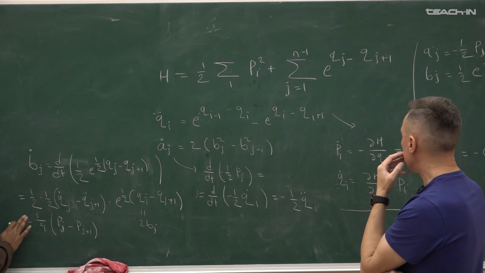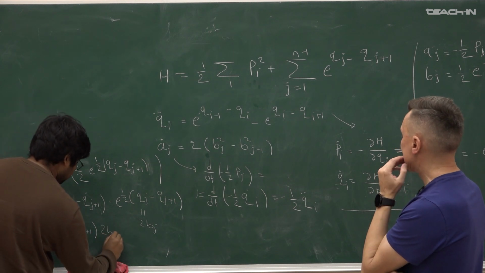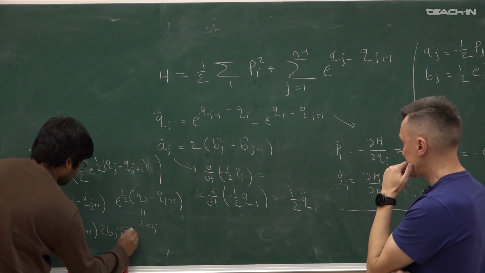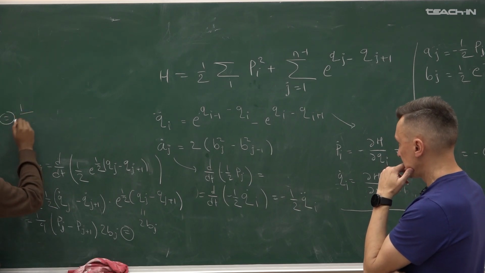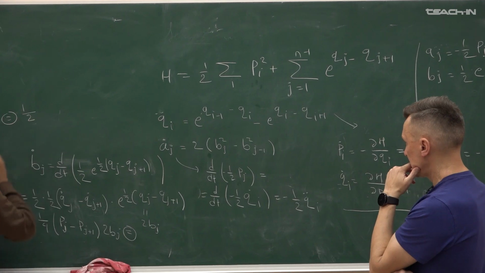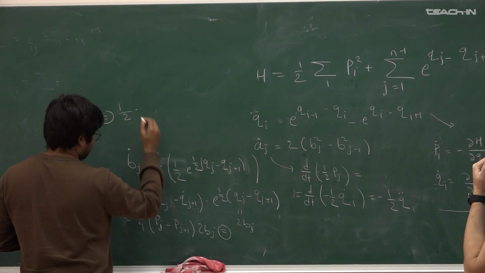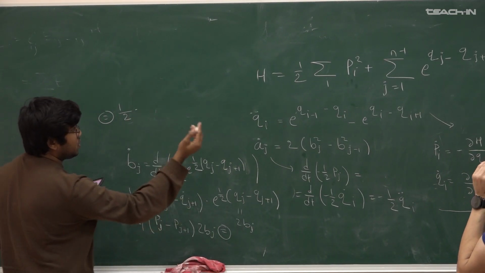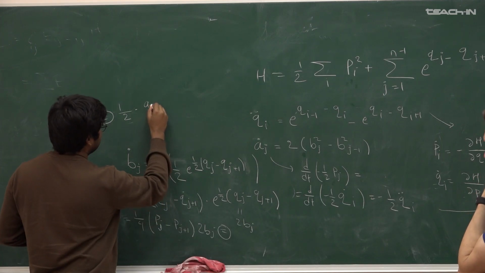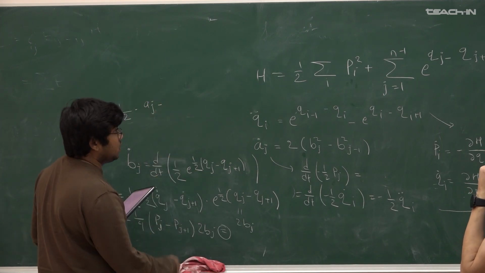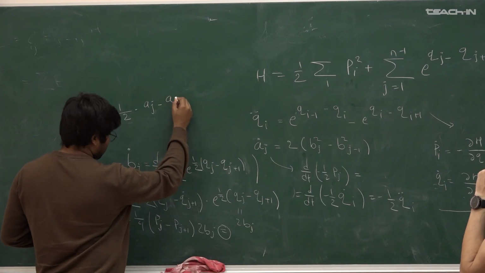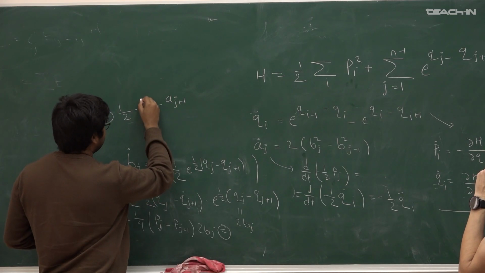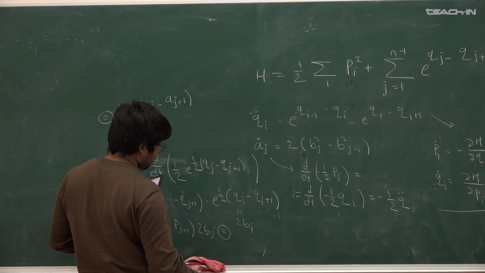So maybe it's better to write like that: half pj, which is aj, minus aj plus 1, multiplied by.